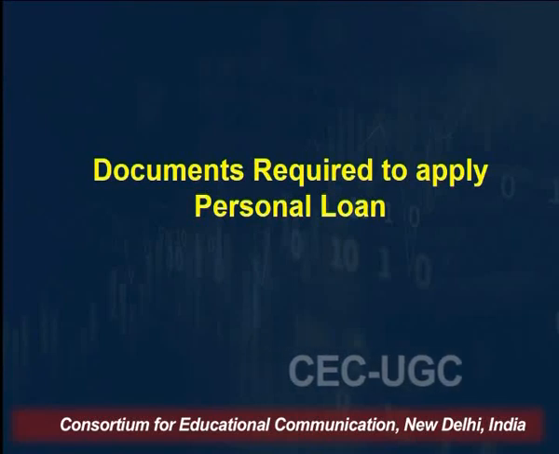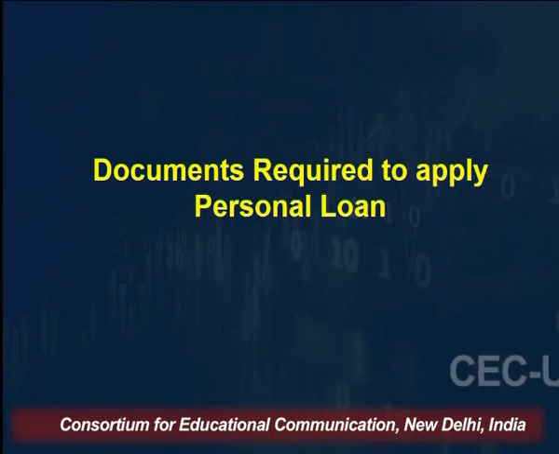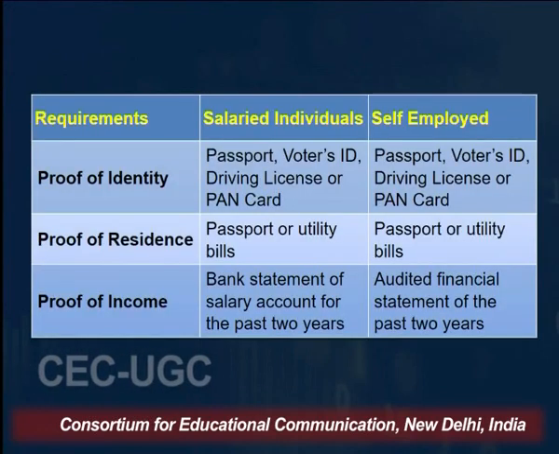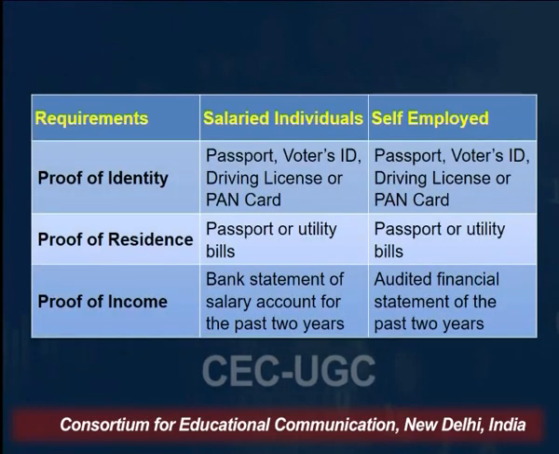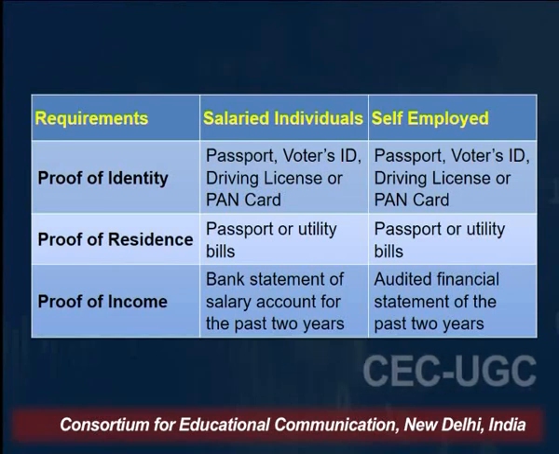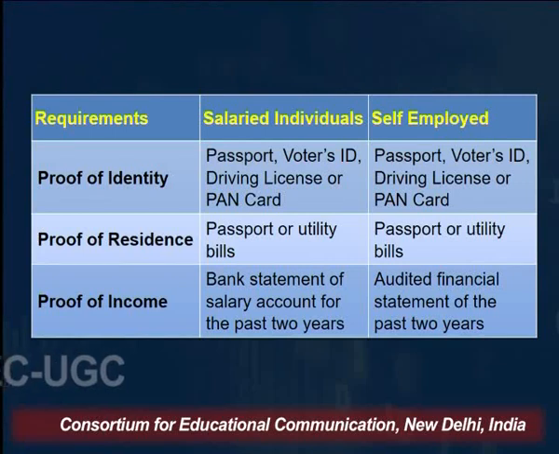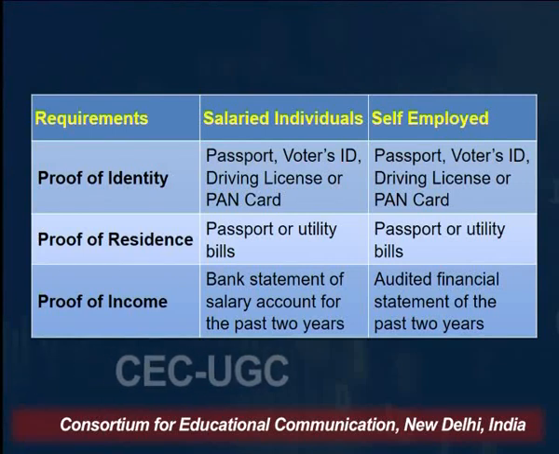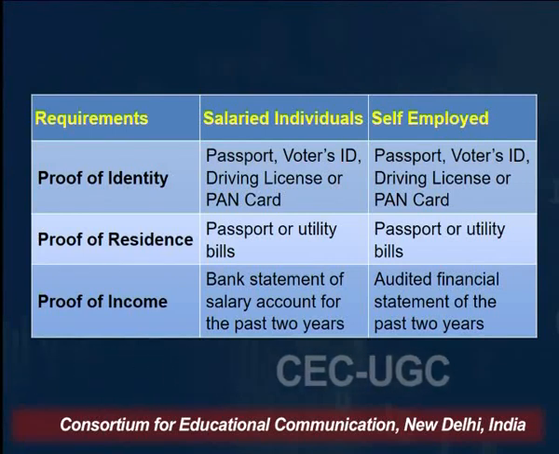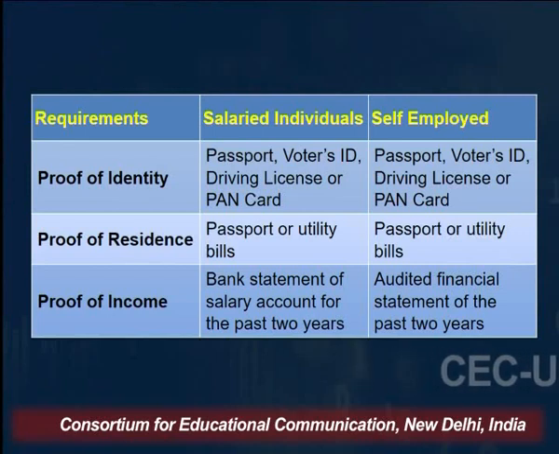What are the documents required when you apply for a personal loan? The first is proof of identity. For a salaried individual, it could be a passport, voter ID card, driving license or a PAN card.